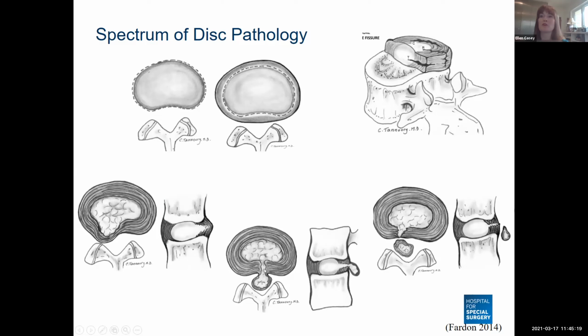If there's much more of a narrow base and it extends a lot further in that AP plane, then that's an extrusion. And if it breaks off, that extruded piece is sequestered. So you'll see a lot of these terms within the MRI reports.